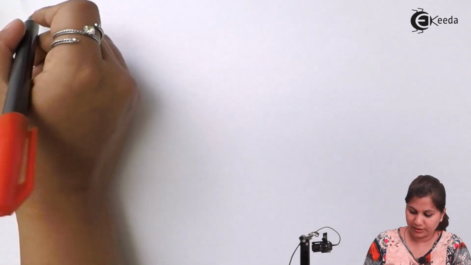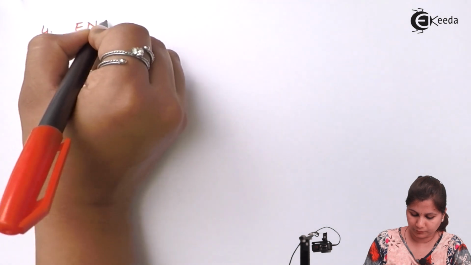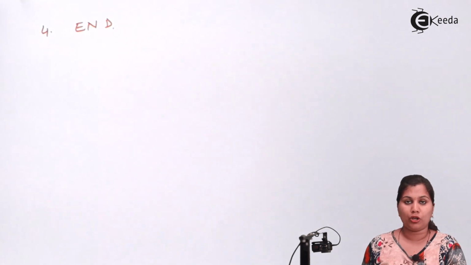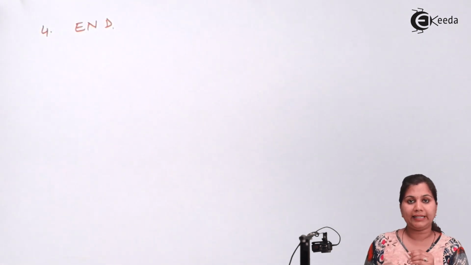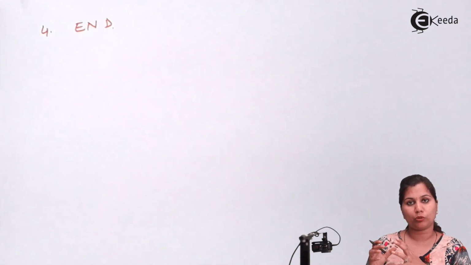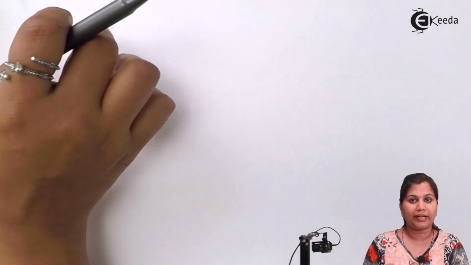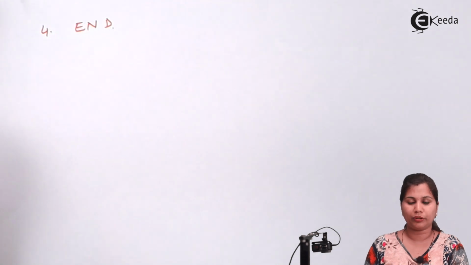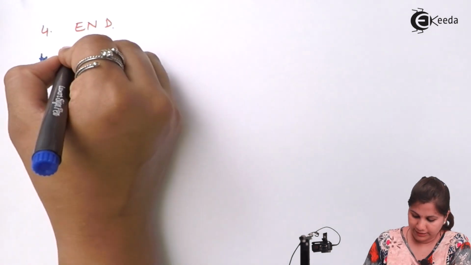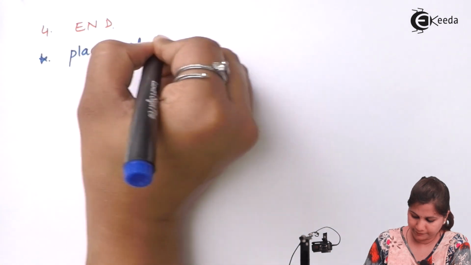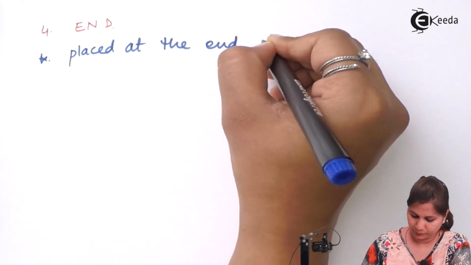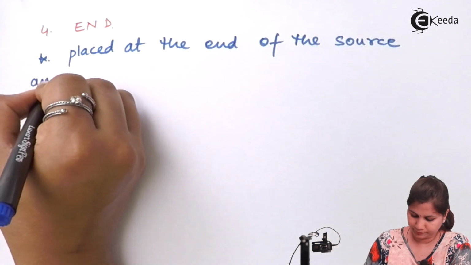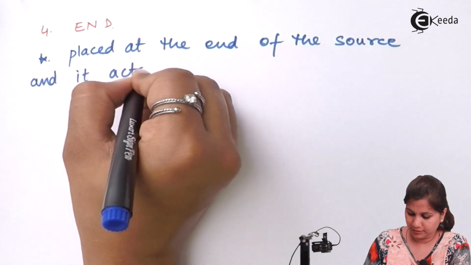Next assembler directive is end. This directive is placed at the end of the program. So to terminate the program, or to indicate that this is the place where the program has stopped, we are going to write the statement end as the last statement of the program. So it is placed at the end of the source, and it acts as the last statement.